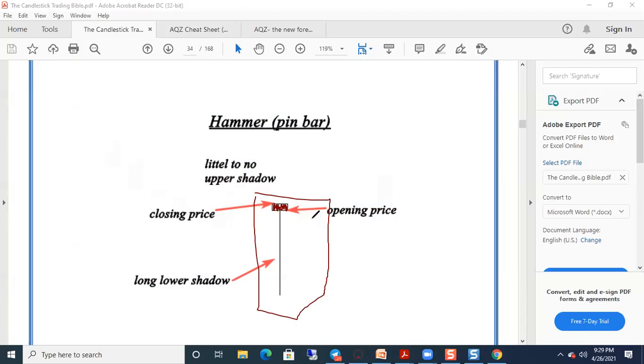Why will it still be called a bullish pin bar? Because you have a long wick to the downside. When you have a long wick to the downside, it means there were lots of buying orders sitting here. Price fell very sharply, and when it hit that buy order, boom, price shot up, right? The orders were activated. So it's simply telling you that there are buyers in the wick.